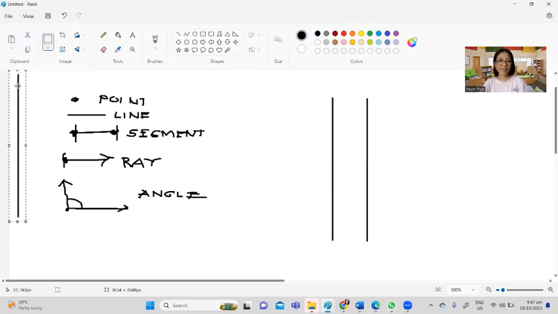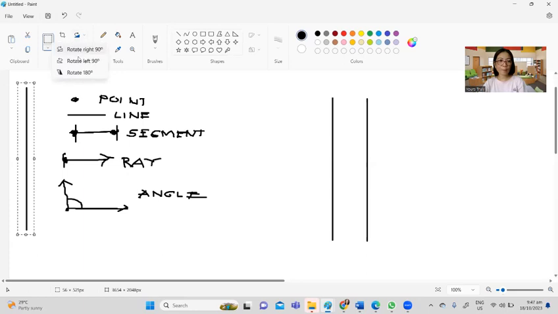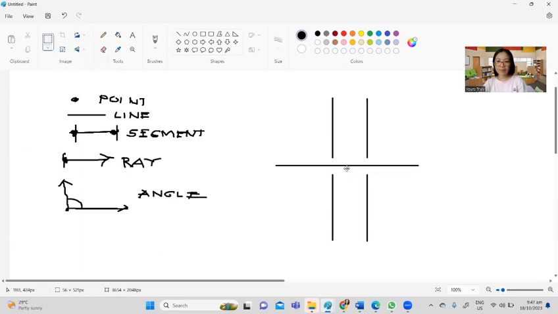And then there's another line here. Let's rotate and put it here. What do we get? I think we will have a gap, so I'll just put it here. These lines now, when it's like this, is a perpendicular line.